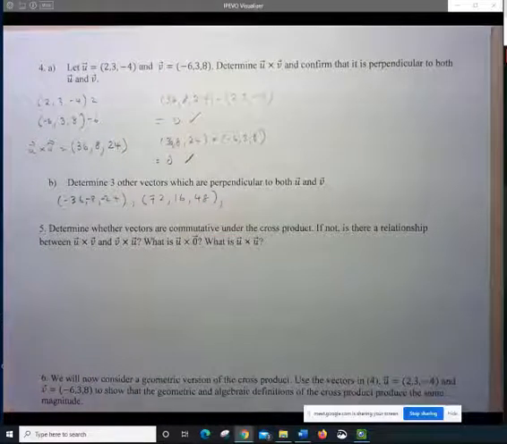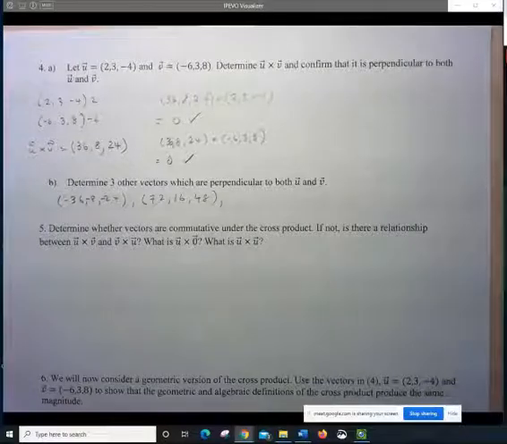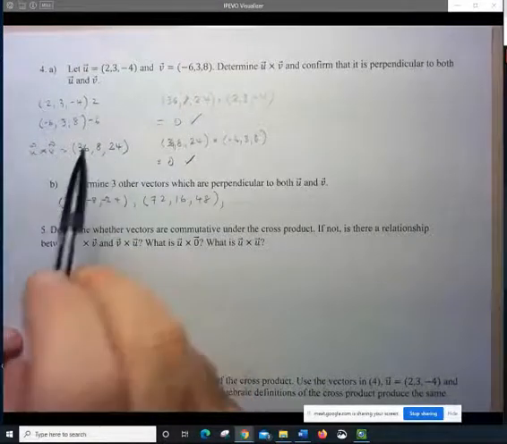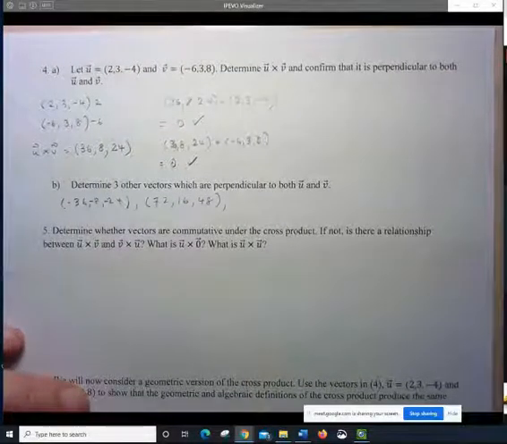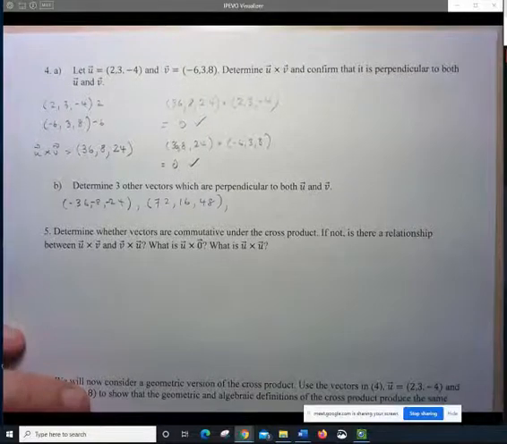Is there one vector that might be nicer than all the others? If I had to pick one vector that was perpendicular to those 2 vectors, it might be to make this as simple as possible, which is to divide out the greatest common factor.